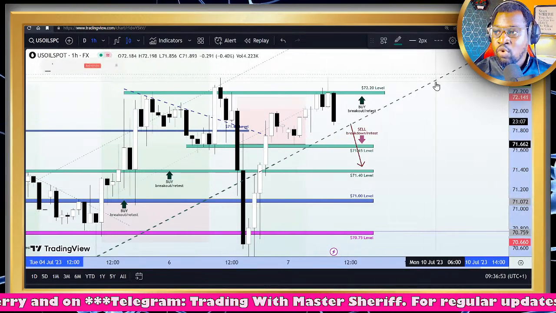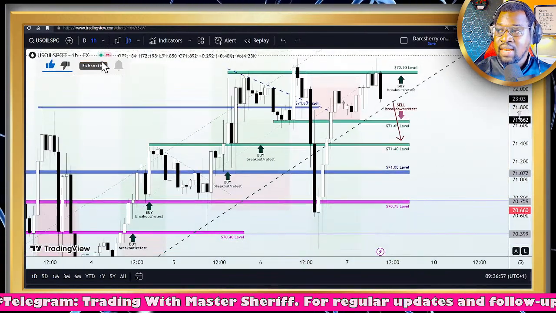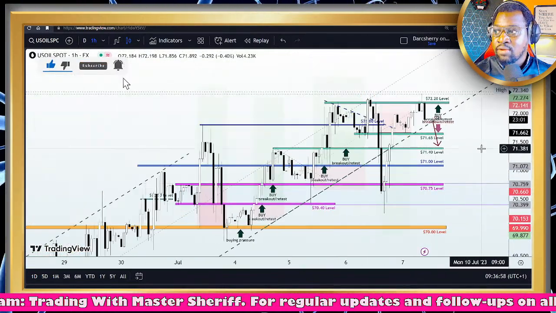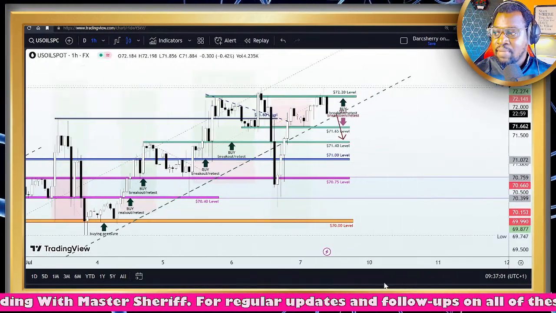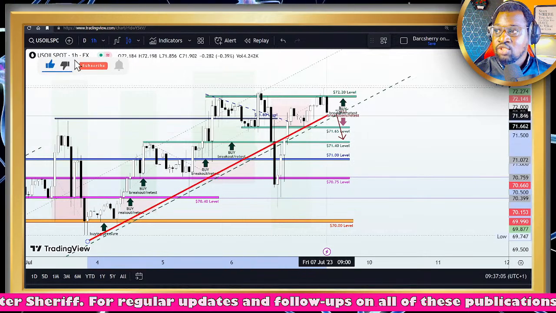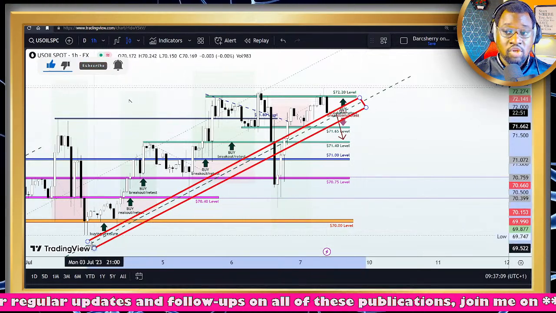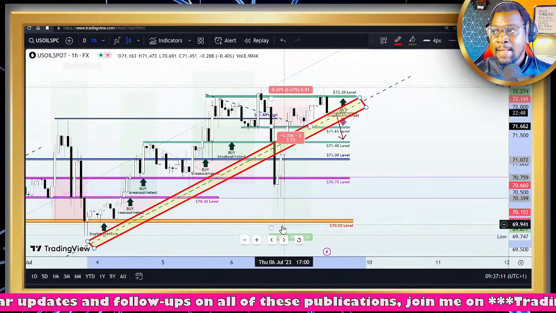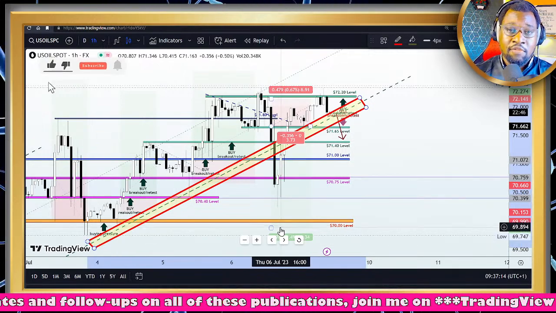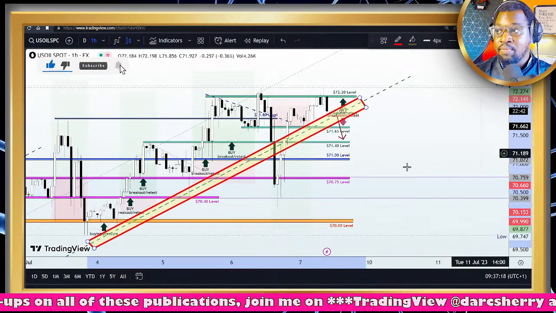And in fact, I want us to extend the support line of the ascending channel. Let me scale out so that you can see what I'm talking about here. Let me highlight this for the sake of clarity. So we have the support line of the ascending channel right here. A breach of this channel is going to be a sign that sellers will come in at any point in time.